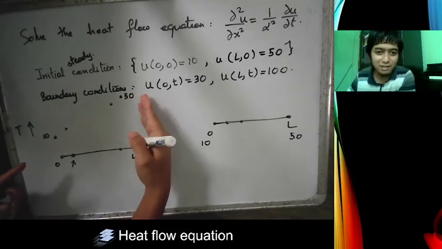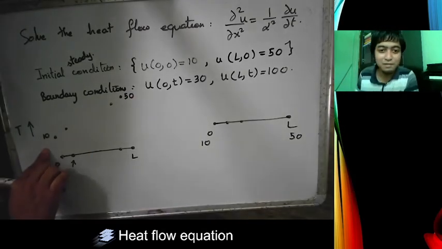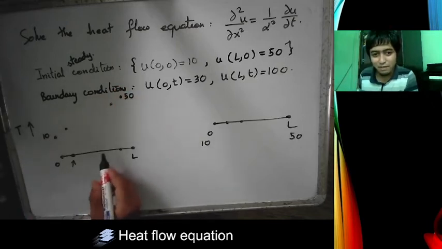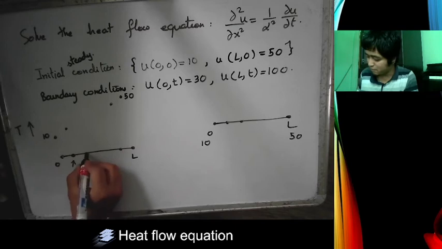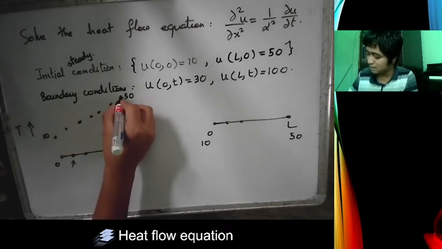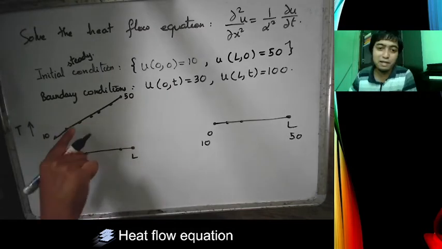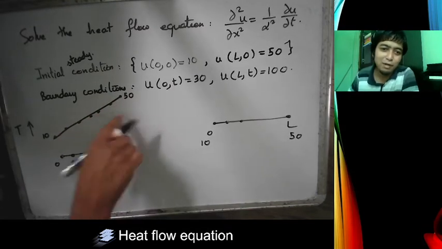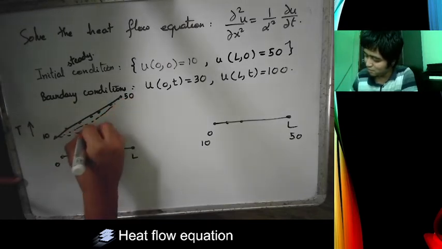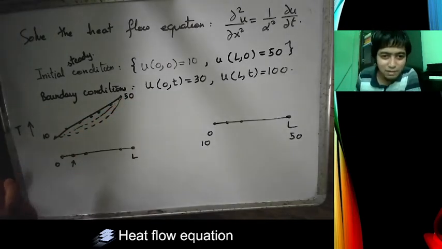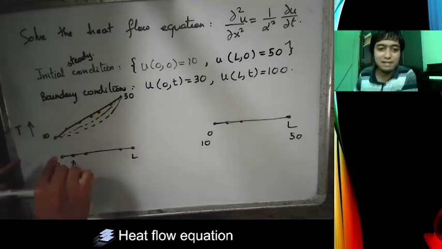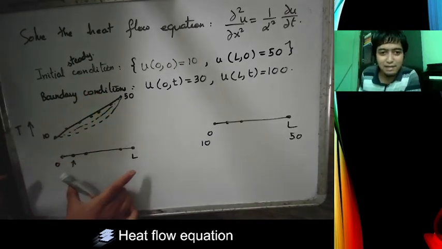Since this one is hotter and this one is colder, if you plot the temperature of each and every point, you will get something that looks like this. Over here we are using a straight line, but it may as well be some other curve. But you get an idea that the temperature will increase like this along this length L.